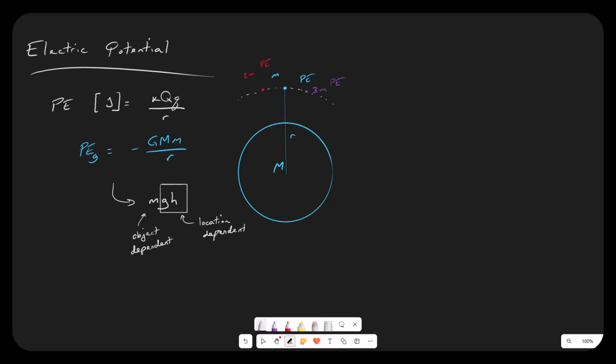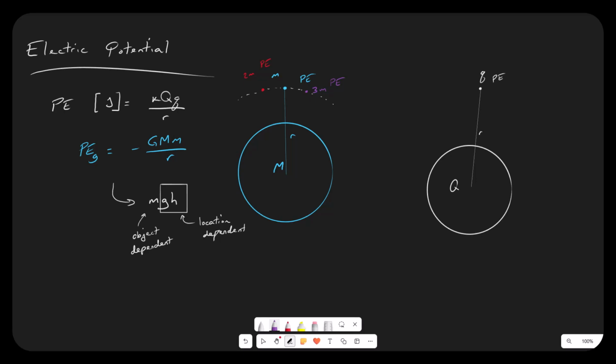I'm going to do the same thing with electrostatics. Instead of a planet, I'm going to have a Q. I'm going to go out to some object. If I put a charged object here, it's going to have some amount of potential energy.